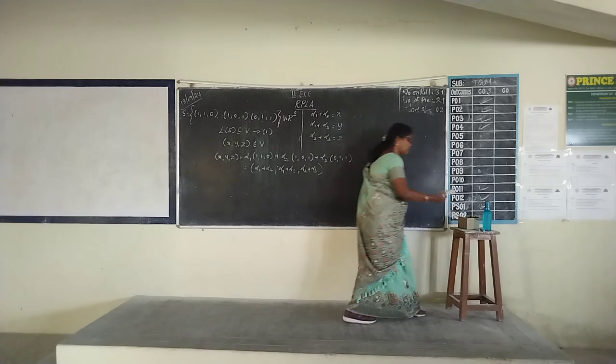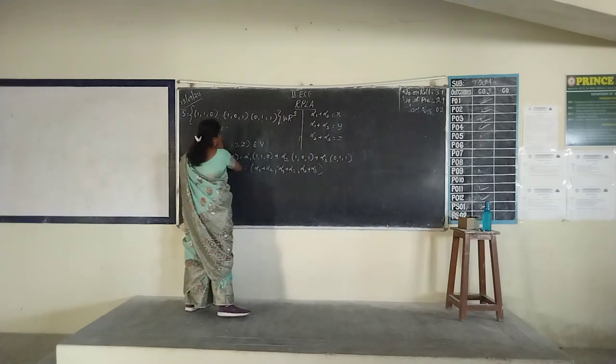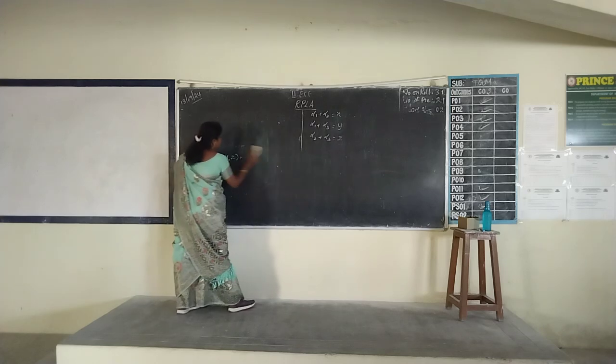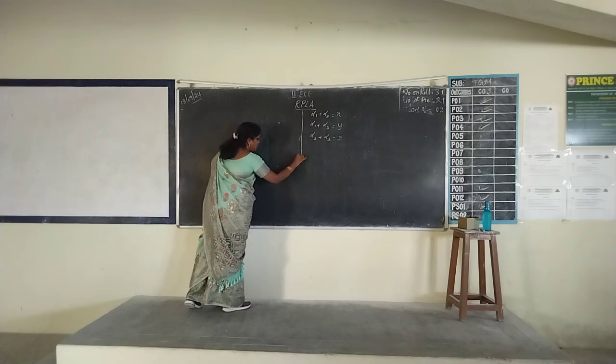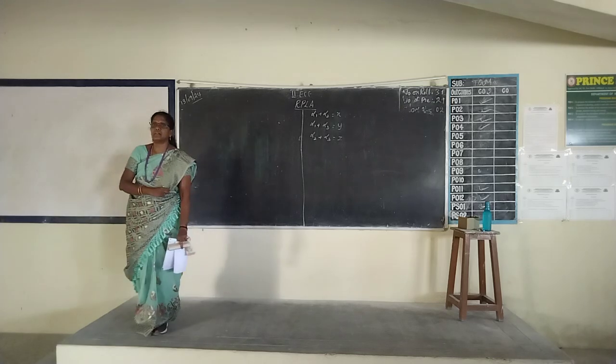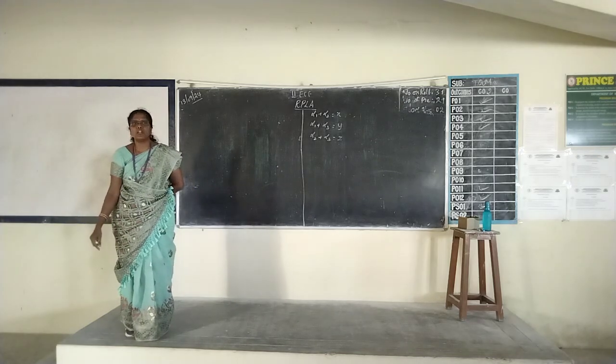This system is equivalent to the form. Tell me what is the form? Homogeneous or non-homogeneous? So how will you write it? AX is equal to B. That is, the first column 1, 1, 0 will be for alpha 1, alpha 2, alpha 3, that is our column variables.